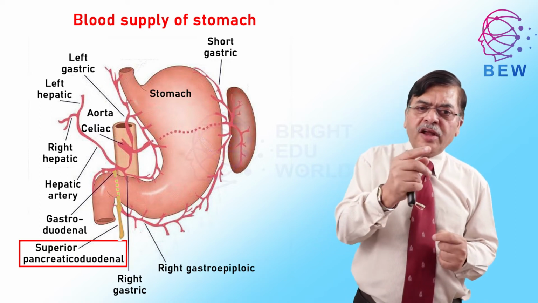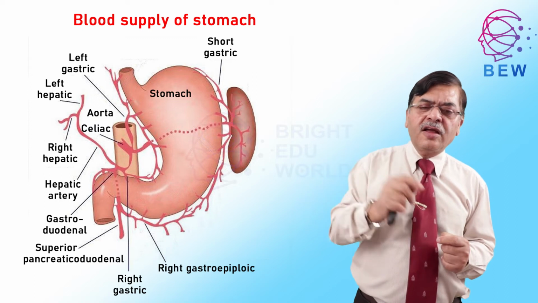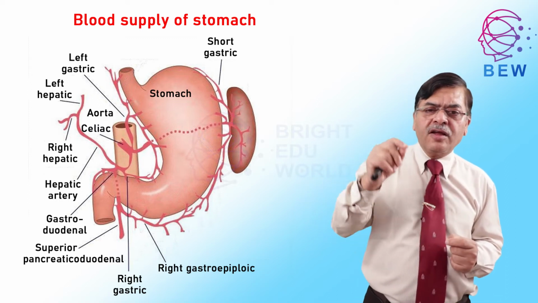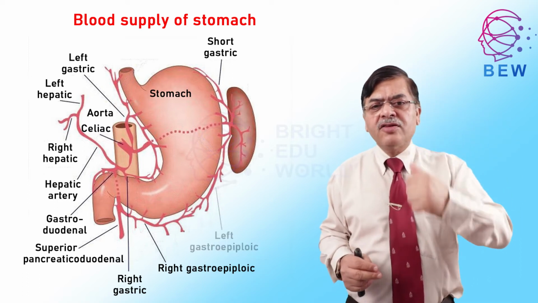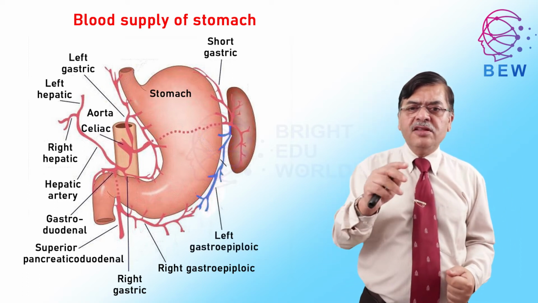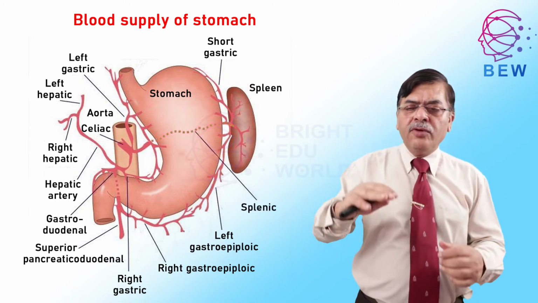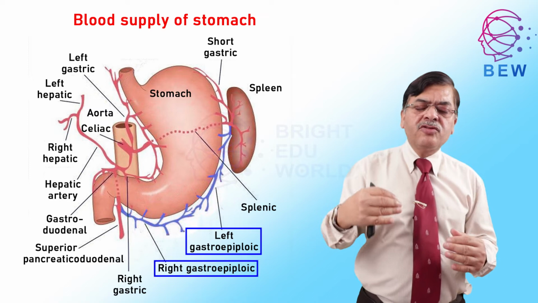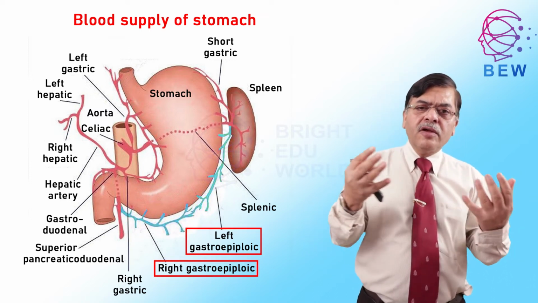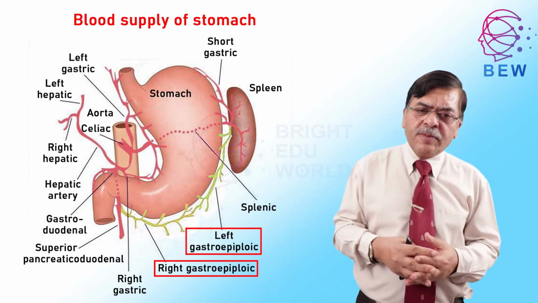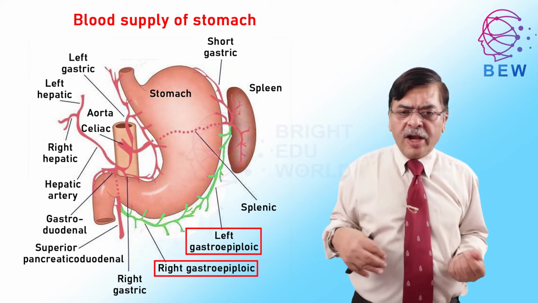But at that point, it also takes a turn towards the greater curvature and runs along the greater curvature and joins the left gastroepiploic. You can see the left gastroepiploic is coming from the splenic artery. So both the left gastroepiploic and the right gastroepiploic join and combine, and they supply the greater curvature of the stomach as well as the greater omentum.